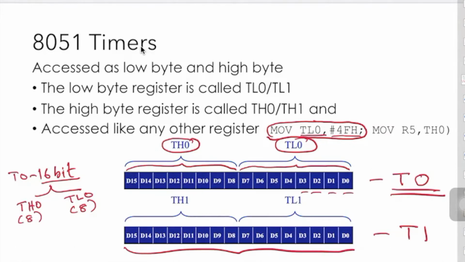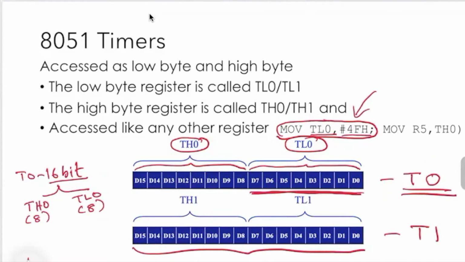So TL0, that means this part, will store 4F, whereas after this we can write MOV TH0, #7CH. Then at this location we will get 7C, and at this location we store 4F. So 7C and 4F, this is how we will be loading the data to the timer register.